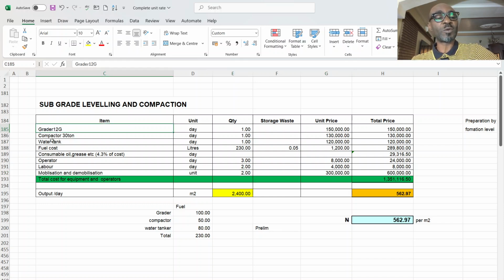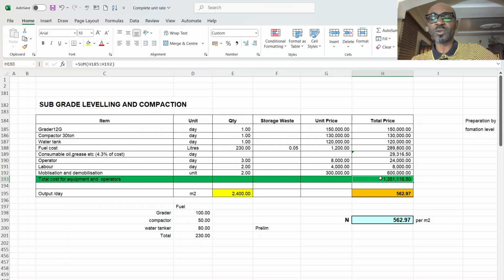Because the water tanker is permitted to drive on the road on its own, while the two other equipment on the list are not expected by law to ride on the road. So they need to come on low beds to the site. So that is why you can see that it is two, not three of the equipment, that is provided for the cost of demobilization.